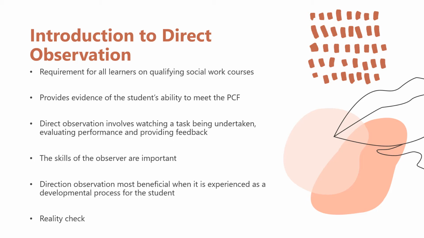Even if you are the work-based supervisor who has been working with that student on a regular basis, there are still elements of that direct observation that you will not be aware of. So therefore, in many ways, it is only a snapshot of practice.